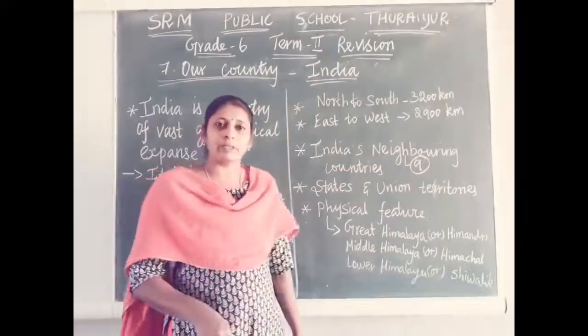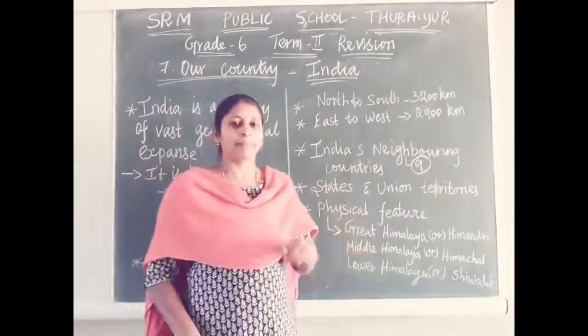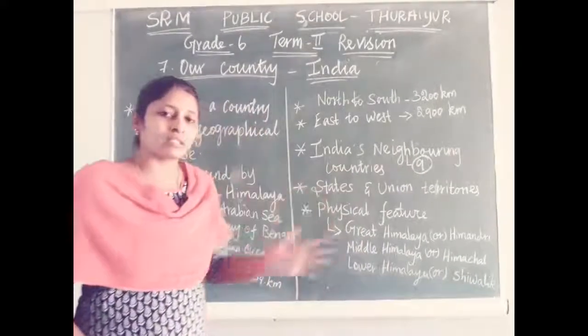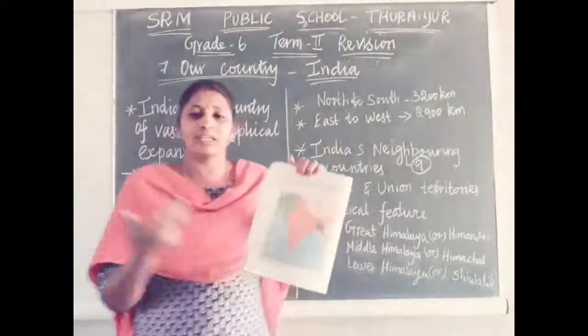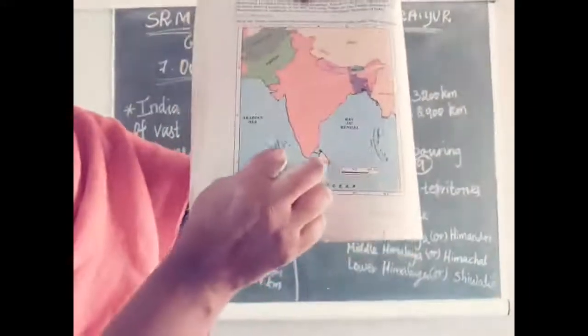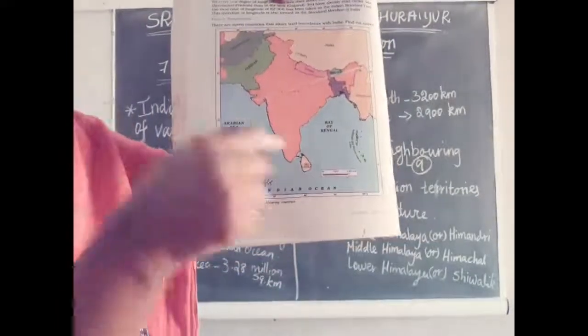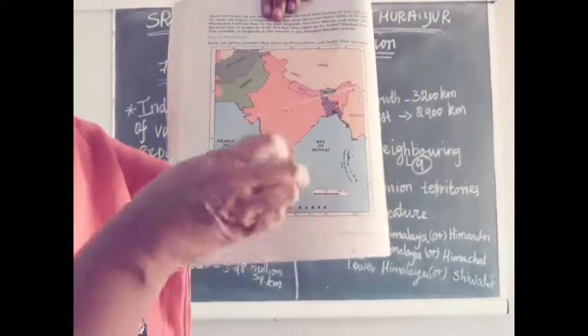Which of these countries share a boundary with India? You can easily identify. Sri Lanka and Maldives are both island countries, so they do not share a boundary with India.